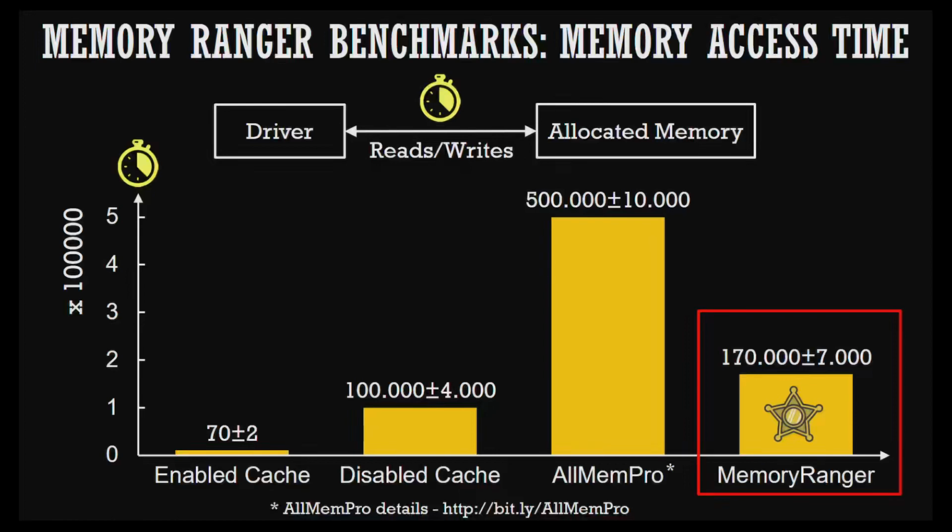AllMemPro, or allocated memory protector, is the closest competitor for MemoryRanger, which I developed a year ago as well. AllMemPro uses only 1 EPT structure to prevent illegal access attempts only to the allocated memory. We can see that MemoryRanger is a bit slower than access to the memory with disabled cache, and it is 3 times faster than the closest competitor.